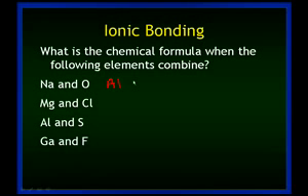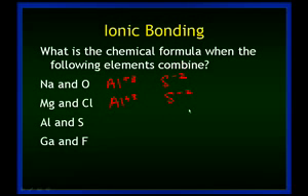So if you've got aluminum, aluminum is a +3 and sulfur is a -2. Well, I've got more pluses than minuses, so I need to add another sulfur. Now I've got 3 pluses and 4 minuses, and that's not going to work, so I need to add another aluminum.